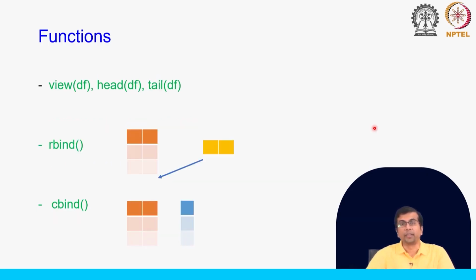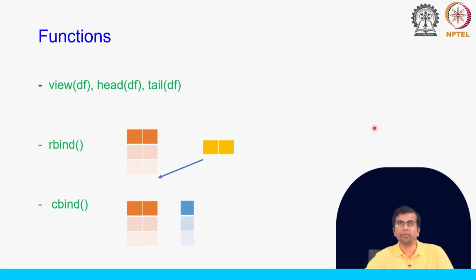The other functions that we have not talked about: we can, for example, say view this data frame, right? It will show you the data frame, but sometimes these data frames are huge, because we often work with big data sets, right? For example, gene expression data sets or genomic data sets are really huge. So you don't want to see the full data set, but part of the data set, right?